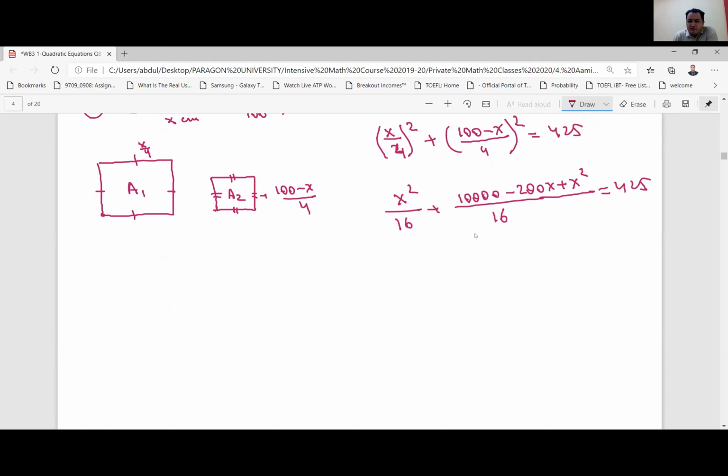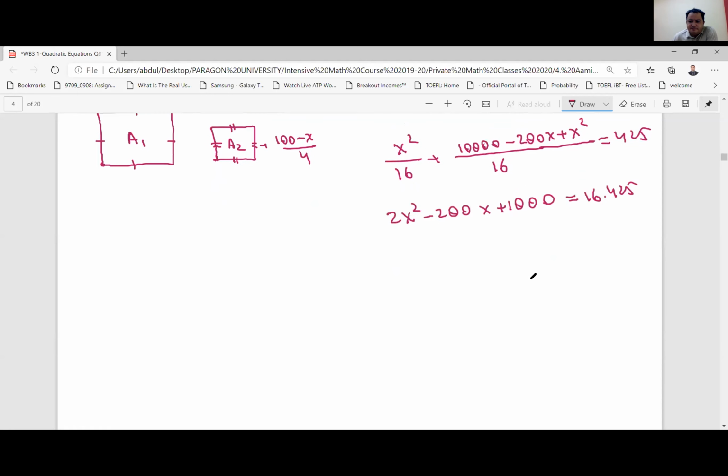So now if you simplify this, the denominators are the same. I can take this to the right-hand side: X squared plus X squared, that is 2X squared, minus 200X plus 10,000 equals 16 times 425. Maybe before this you can simplify by 2, but I can do this later, no problem, right?